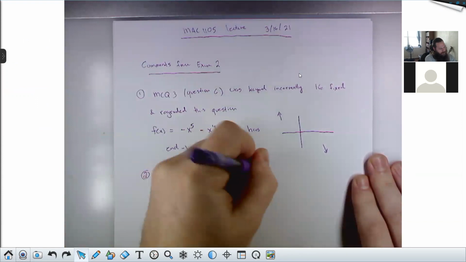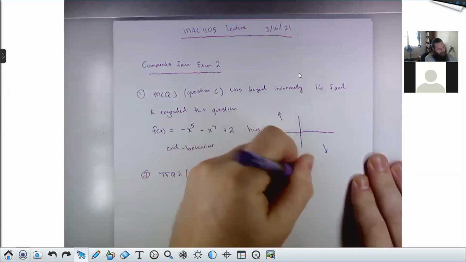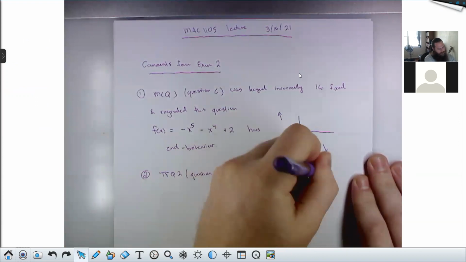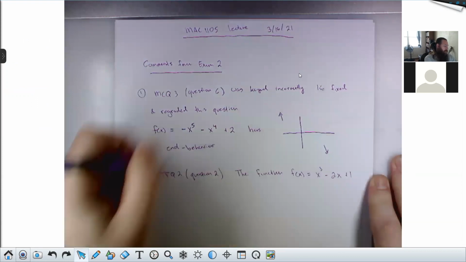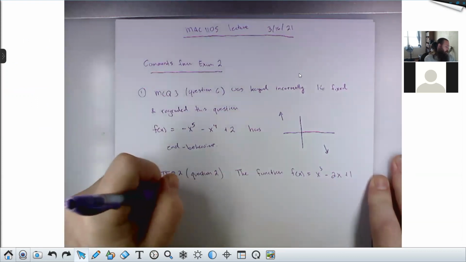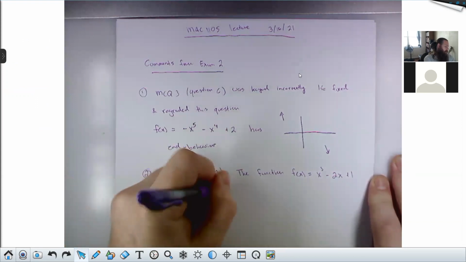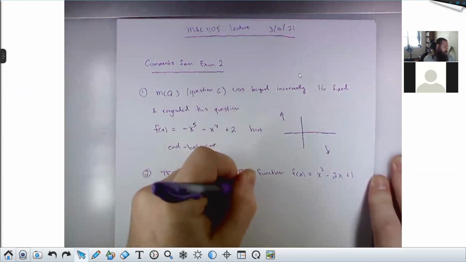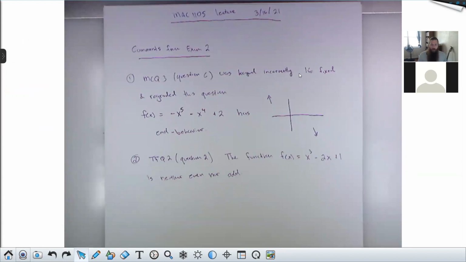The function f of x equals x cubed minus 2x plus 1 is neither even nor odd. And I think there might be a few things going on here about which you may be confused or uncertain, and I want to take a second to clarify that.